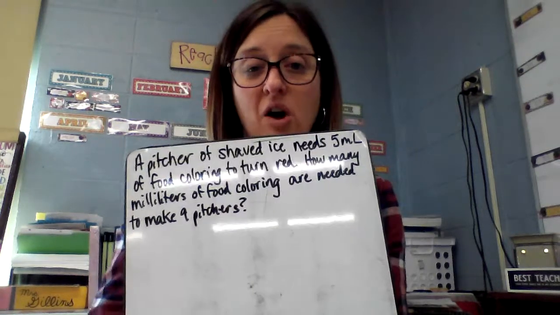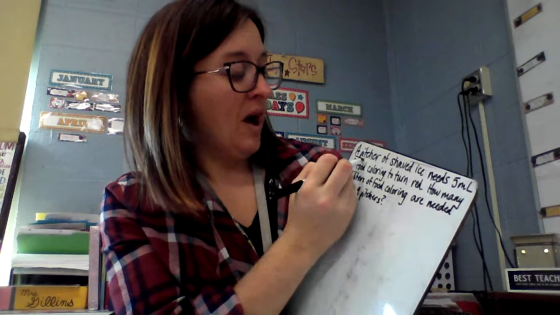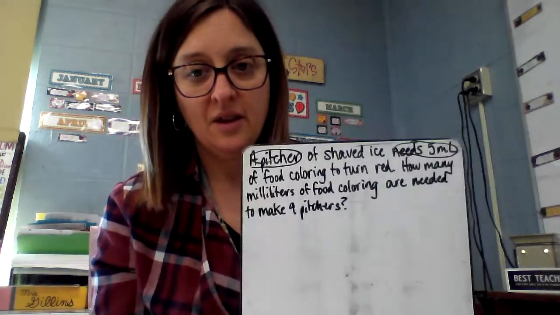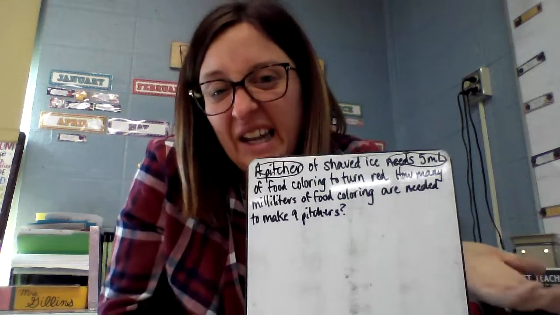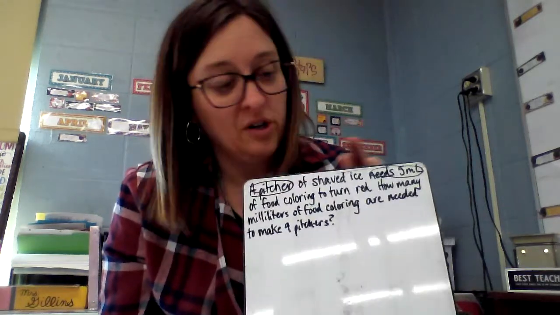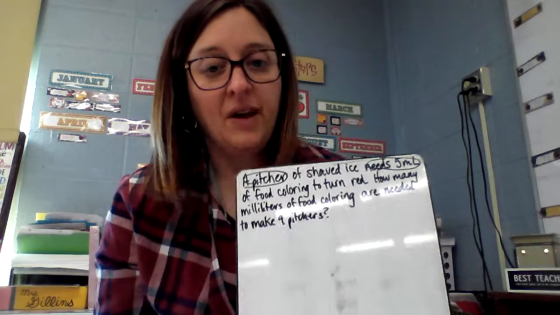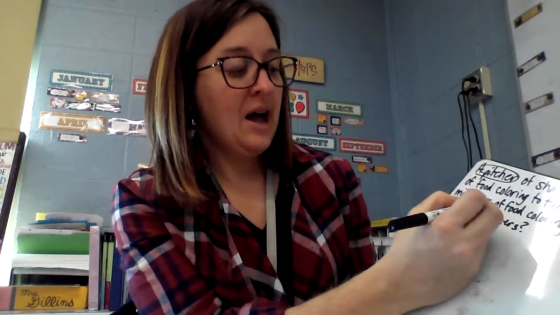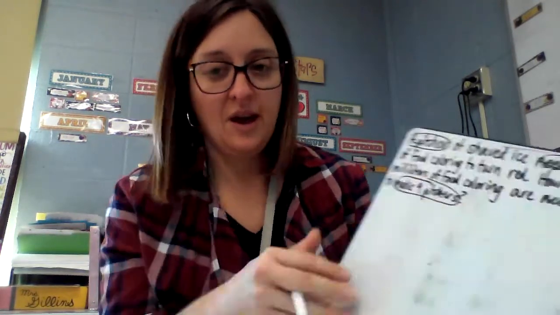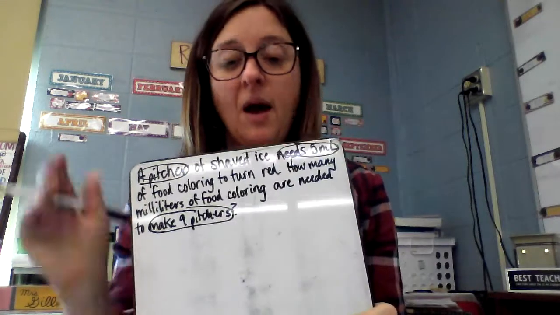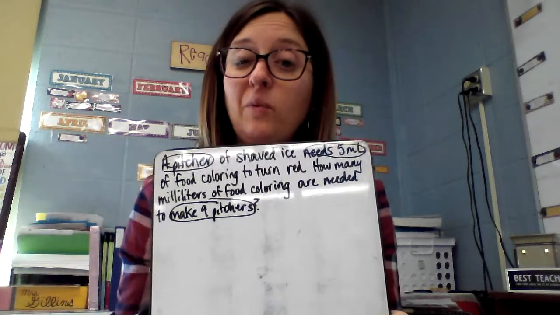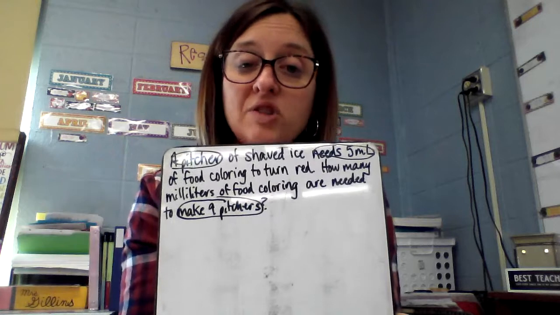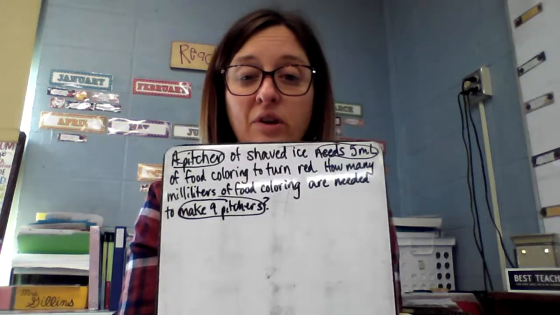So I know that a pitcher needs 5 milliliters. Whatever it is, the pitcher needs 5 milliliters. Now, they're asking me about 9 pitchers. I'm going to reread it looking for what they are asking me. A pitcher of shaved ice needs 5 milliliters of food coloring to turn red.